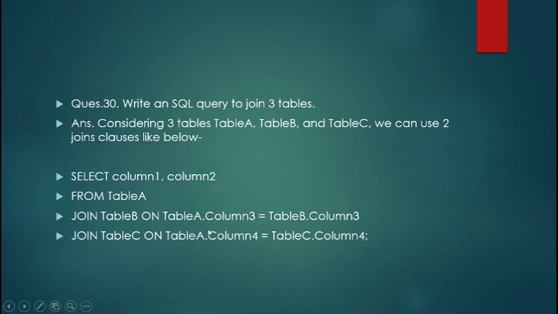These two columns are common in table A and table C, because unless you have some common column in both tables, you won't be able to join them. So you have to remember this query so that you can write it in any interview.